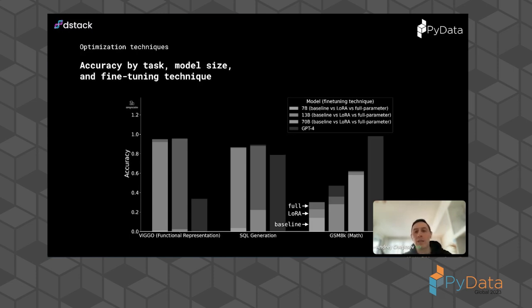What they figured out is that for certain problems, such as extracting structured data and code generation, it is possible to use LoRa for fine-tuning to match the quality of the largest Llama model, and they come really close to the quality of GPT-4, or in some cases exceed it. For example, here, in the first one, we significantly exceeded the quality of GPT-4 just by fine-tuning a very small version, actually using LoRa here.